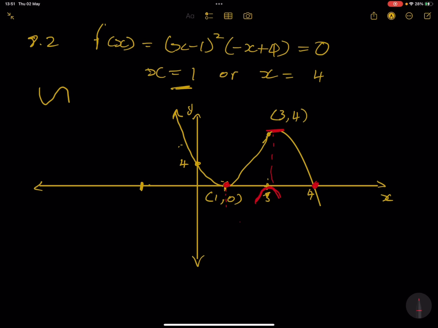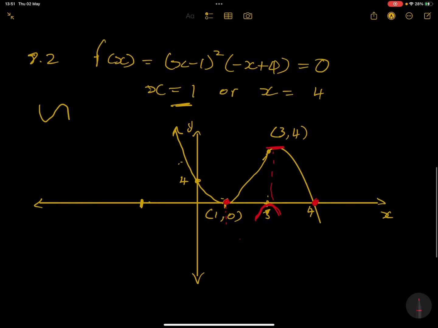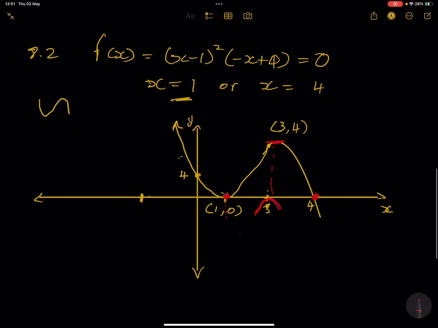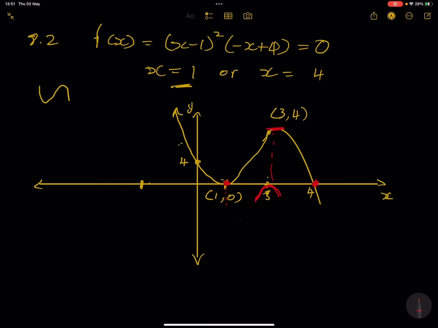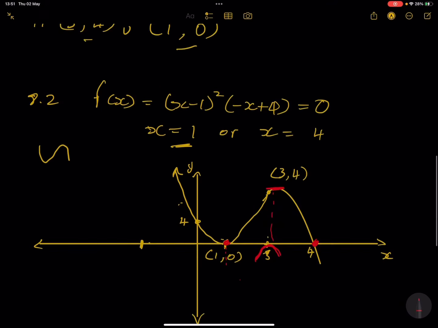We want to have 3 real roots. So k must be any value greater than 0, but it must definitely be less than 4.